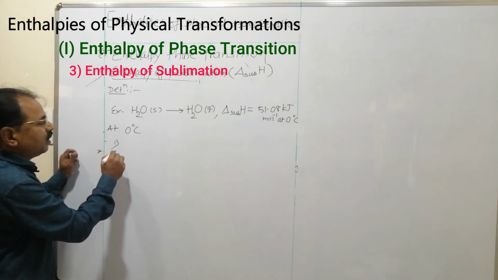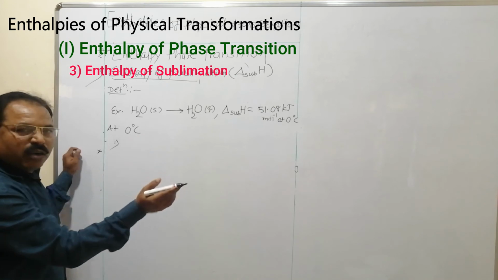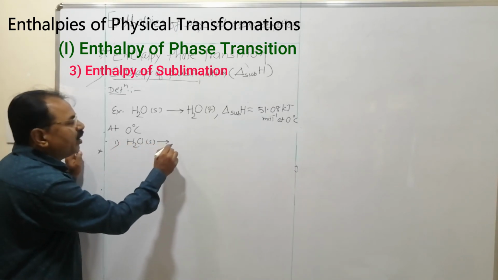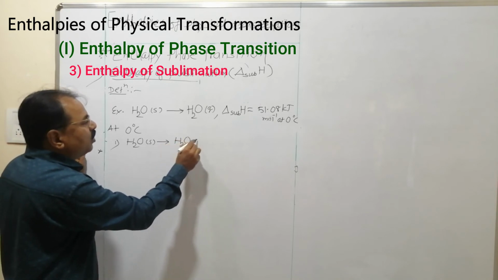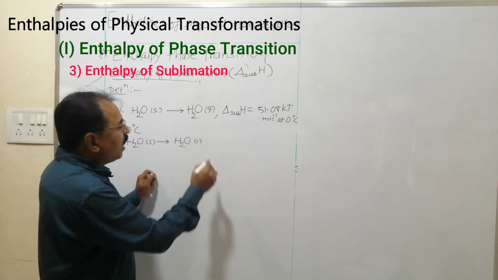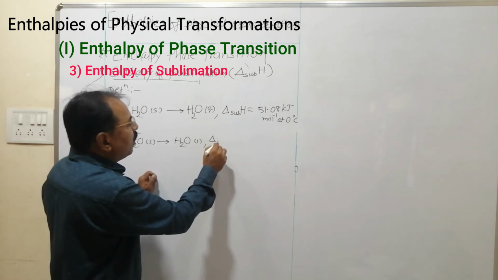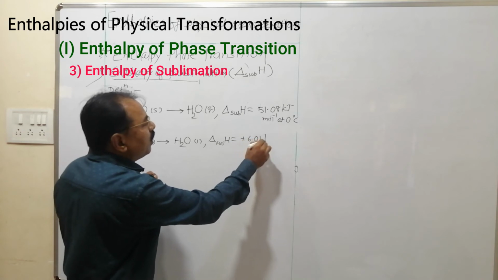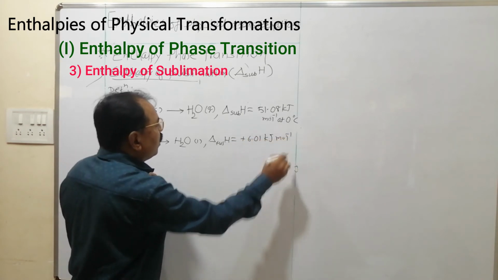First step is the solid converted into liquid, that is H2O solid converted into H2O liquid, and its enthalpy of fusion delta FUS H is equal to plus 6.01 kilojoule per mole.